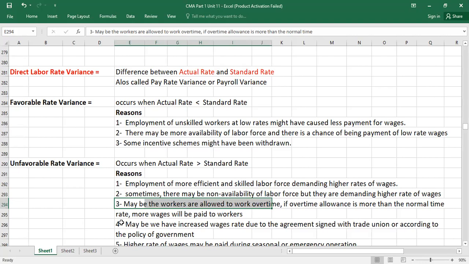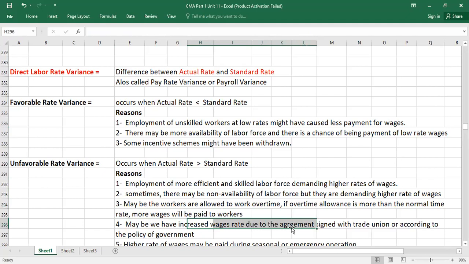The fourth reason, maybe we have increased the wage rate due to an agreement signed with the trade union. You know, sometimes we fix the wage rate with the labor union, so you cannot deviate, you cannot run from the agreement, so you have to pay according to the agreement. So maybe you have agreed to a higher rate than standard, and this could result in unfavorable rate variance.